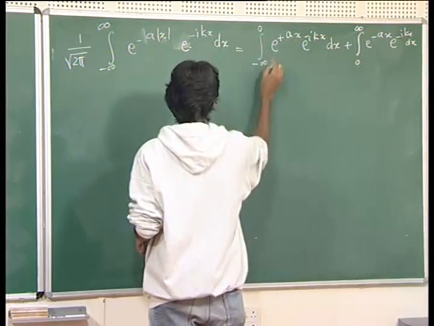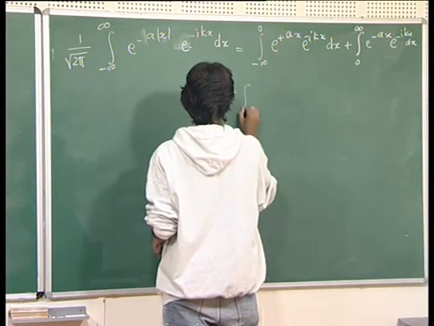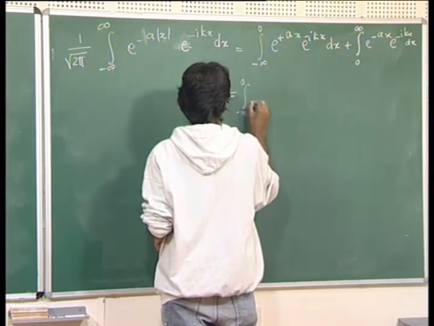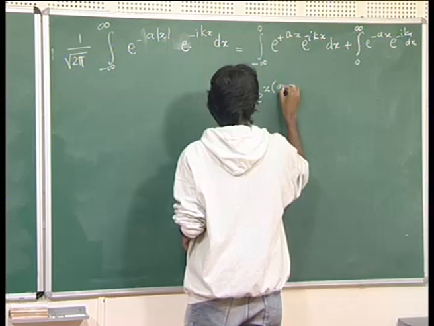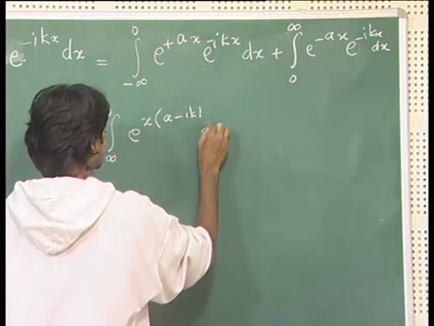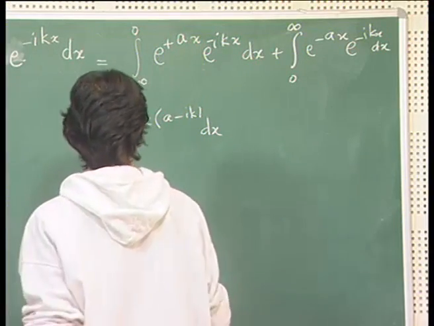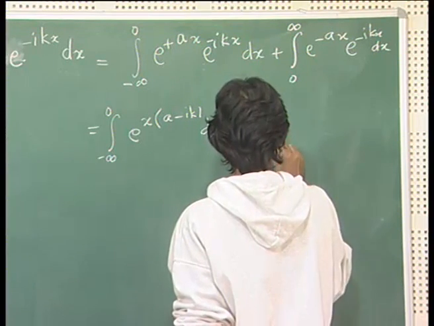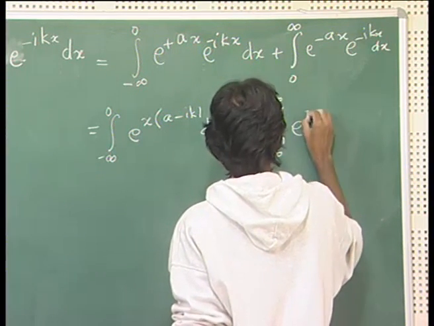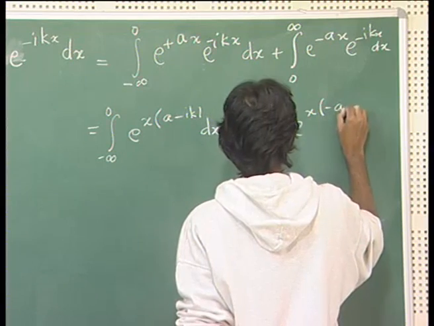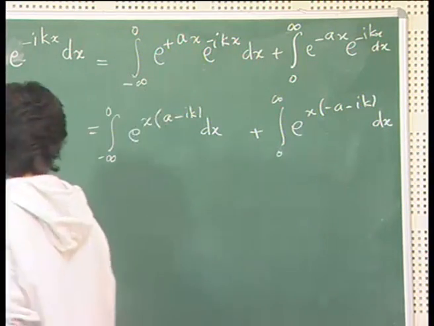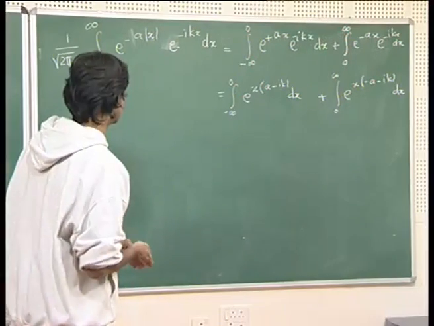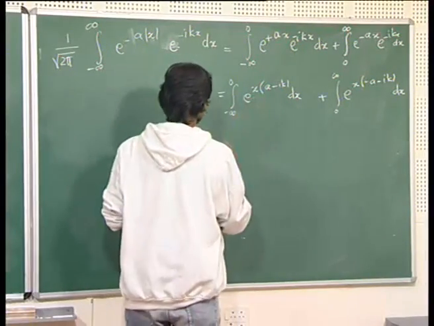Each of these can be evaluated. So this is the integral from minus infinity to 0 of e to the x times (a minus i k) dx, plus the integral from 0 to infinity of e to the x times (minus a minus i k) dx. Each of these is an exponential function, so you can just integrate this out.